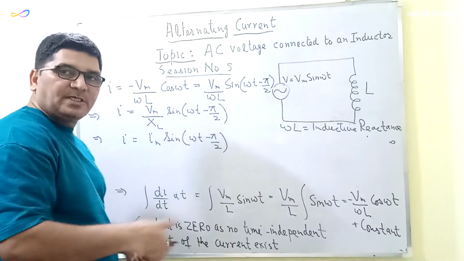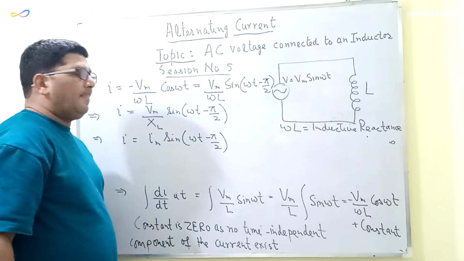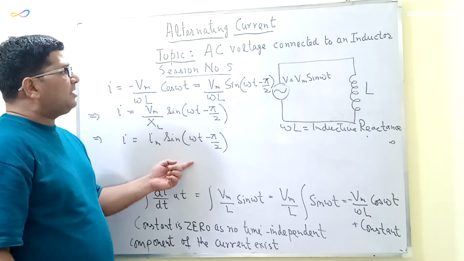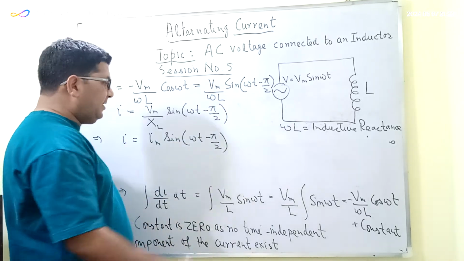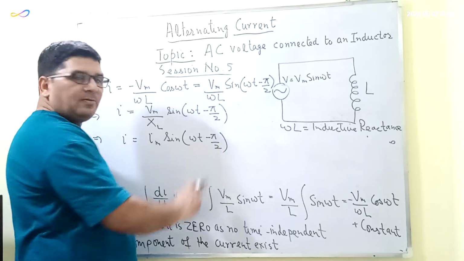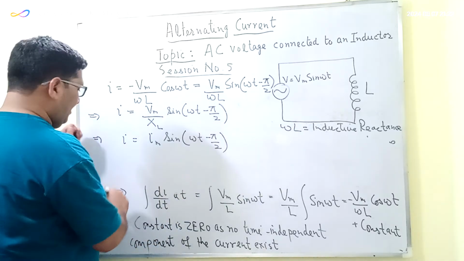In a pure resistive circuit, we know that the voltage and the current are in the same phase, but in the case of a pure inductive circuit, the current is lagging the voltage by π/2.